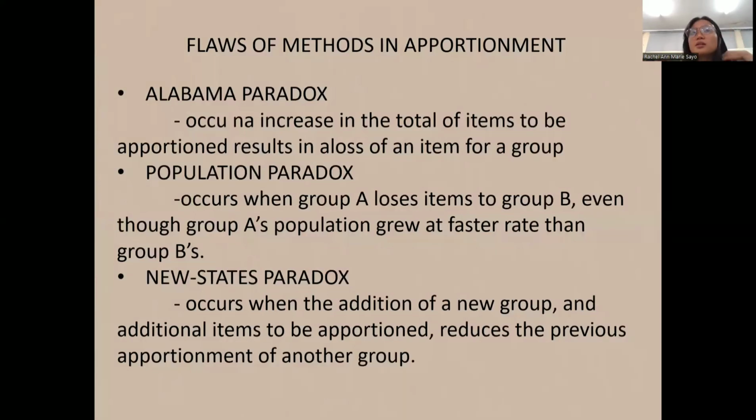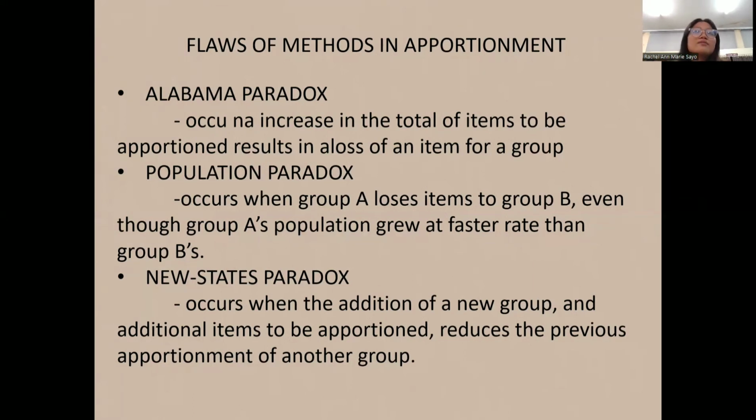So flaws of methods in apportionment can be found in Hamilton's method. First, we have the Alabama paradox. It occurs when an increase in the total number of items to be apportioned results in a loss of an item for a group. The next one, the population paradox, occurs when group A loses items to group B even though group A's population grew at a faster rate than group B's.